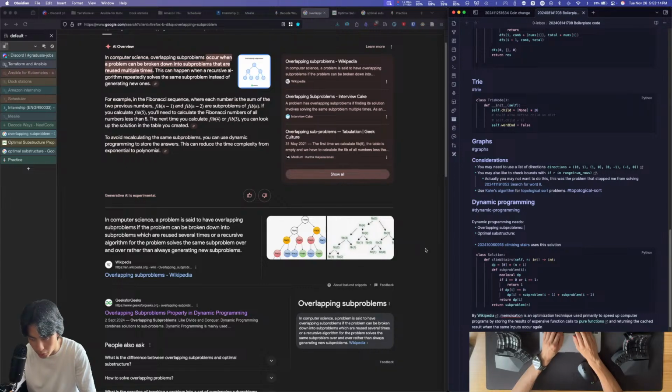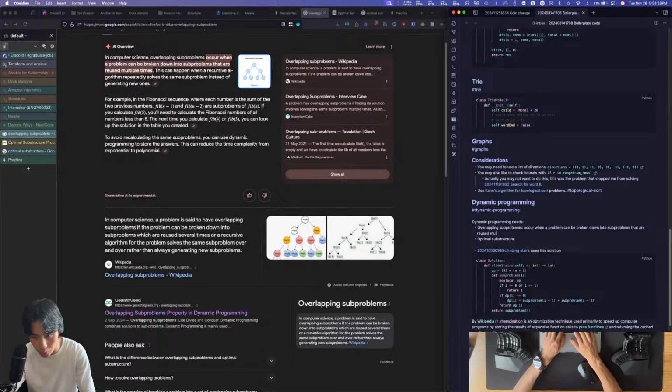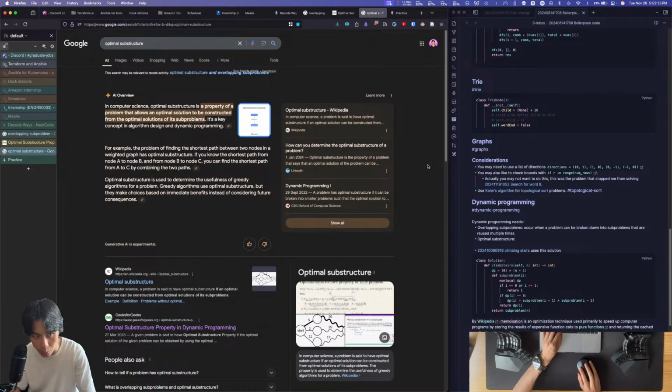Overlapping subproblems occur when a problem can be broken down into subproblems that are reused multiple times. And optimal substructure is the ability to construct an optimal solution from the substructure.